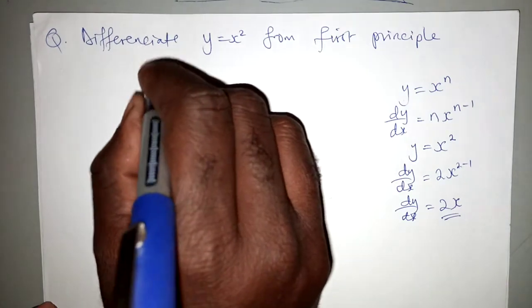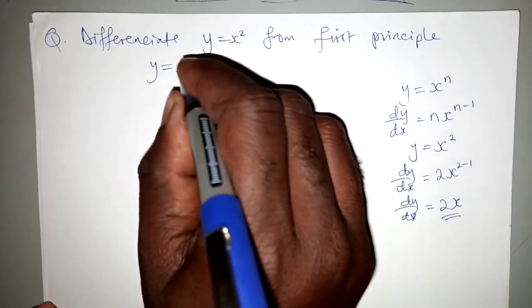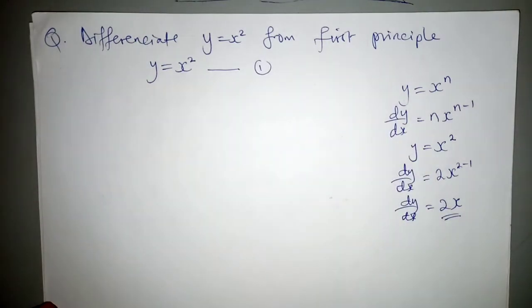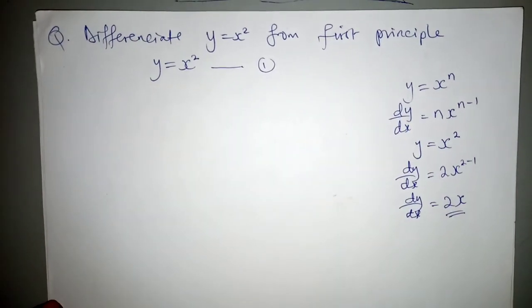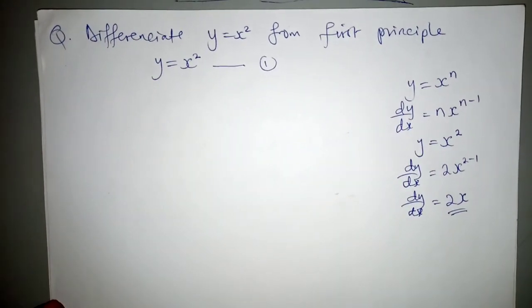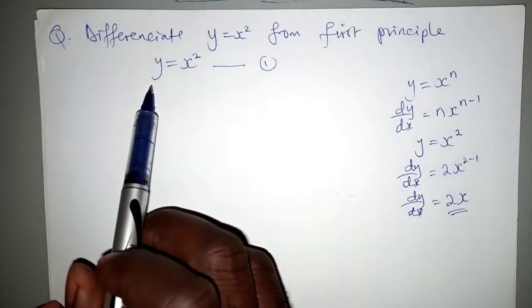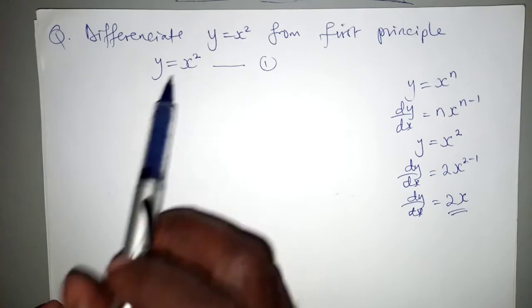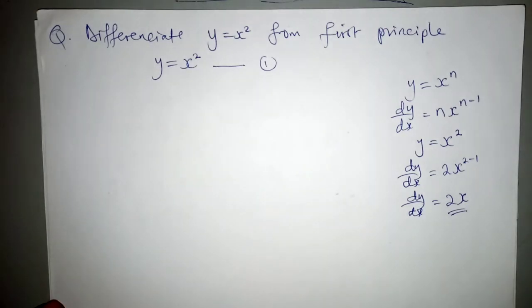So our equation is y is equal to x squared. Let's call it equation 1. If you want to differentiate using first principle, we are going to add the increment in y and the increment in x as well.